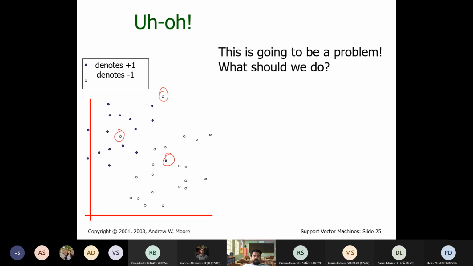Now we want to stay in the space of the features that we have, so not increase the dimensions, the number of features, not using any kernel or something. So we need to stay in this space. How can we solve this?